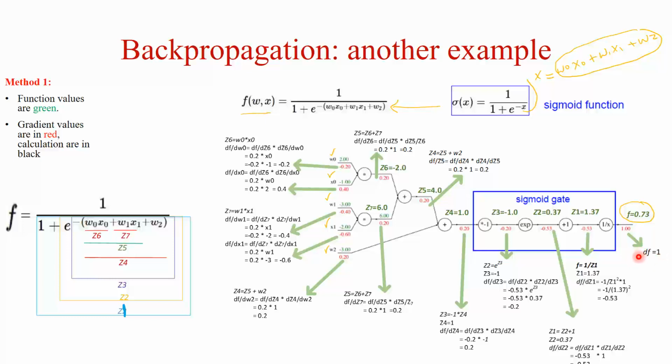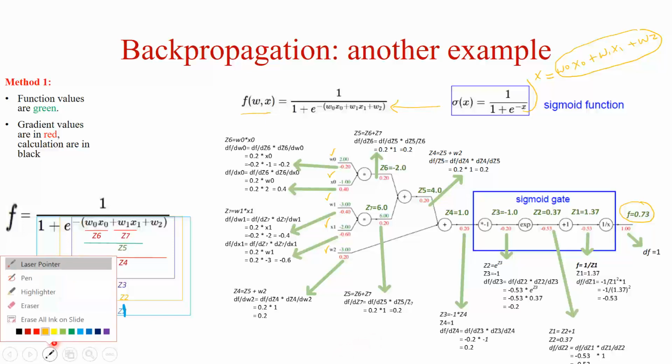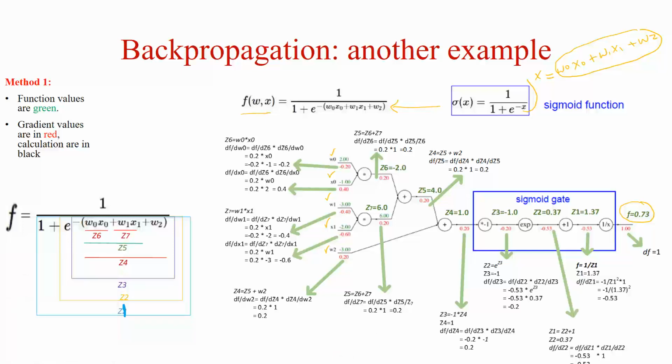Now, as I propagate backward here, I need to start calculating df over dz1, df over dz2, df over dz3, df over dz4, etc. And I'm going to use the chain rule. So let's change to a pen with red here.